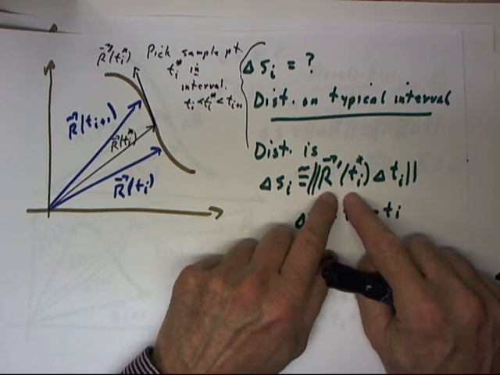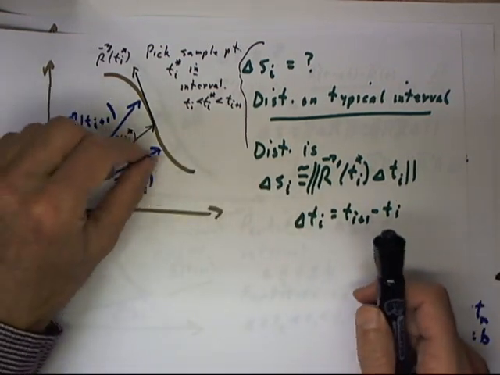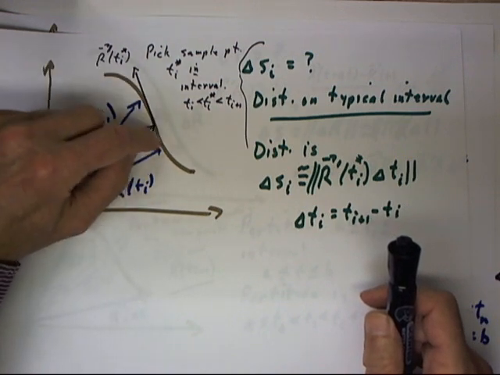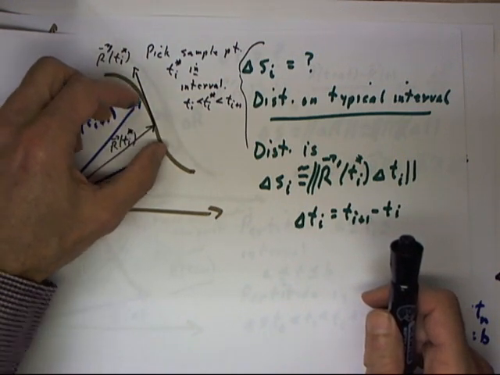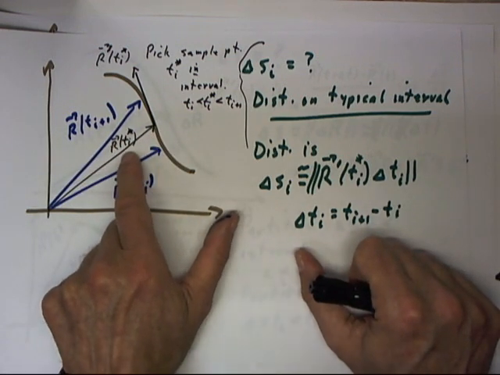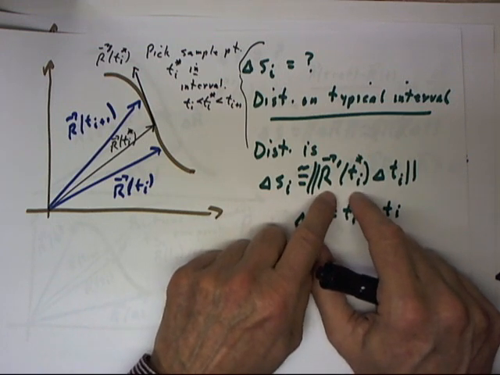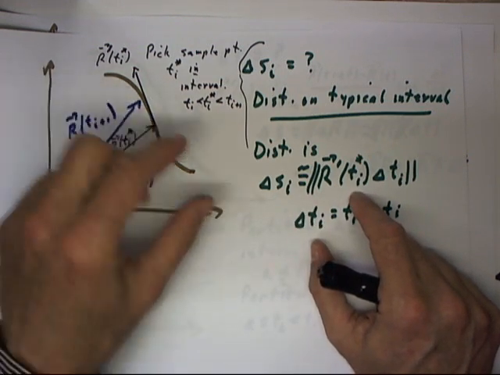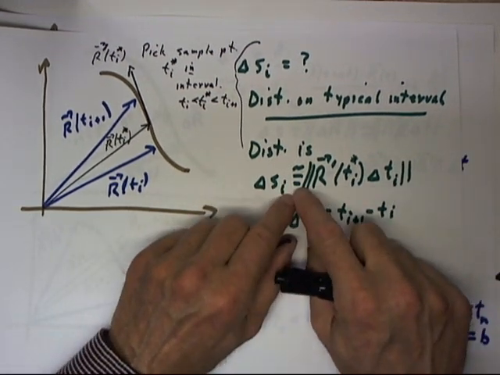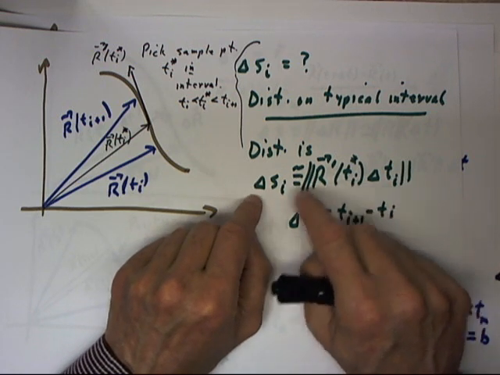Now the r prime of t sub i, delta t sub i, is a vector that's very close to the vector delta r from this point to this point. We've depicted that vector before, about this big. Since we're choosing an arbitrary sample point, the r prime might be a little bit different than it would be if we took an average of the r primes. Therefore, we call this an approximate equality.